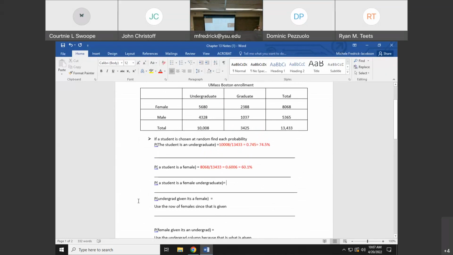The probability a student is a female undergraduate. So we're picking any student at random. What's the probability that they're a female undergraduate? Because we're picking any student at random, the probability they're a female and an undergraduate would be right here because it's where they overlap.